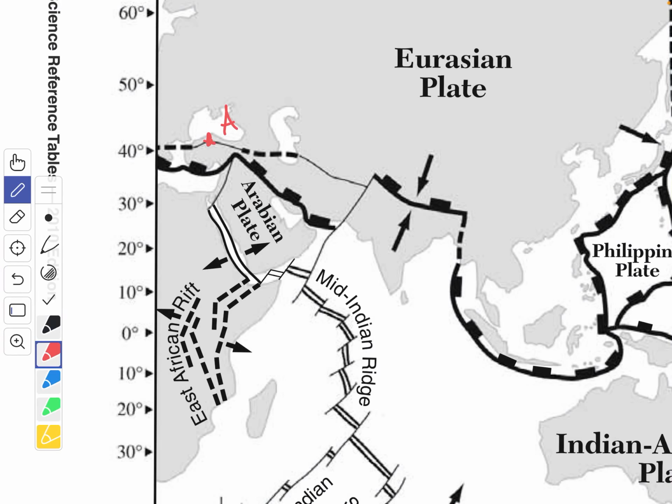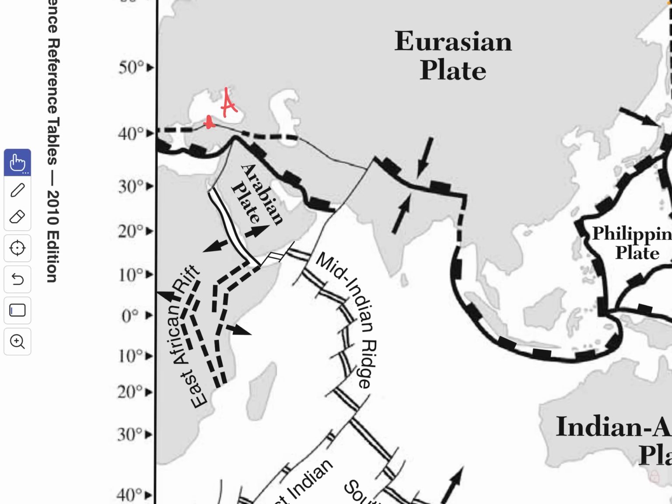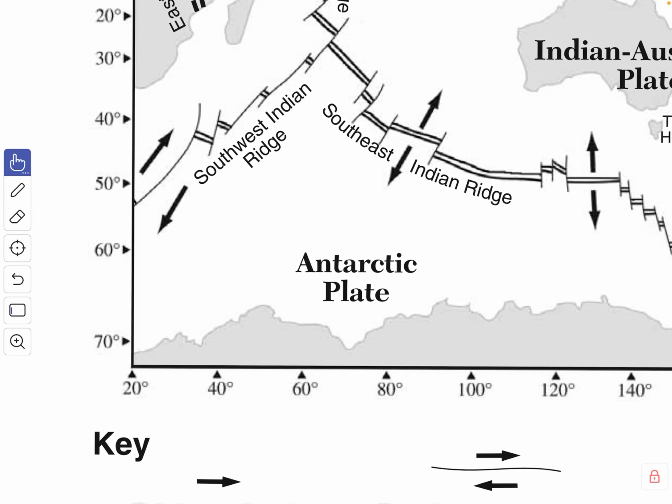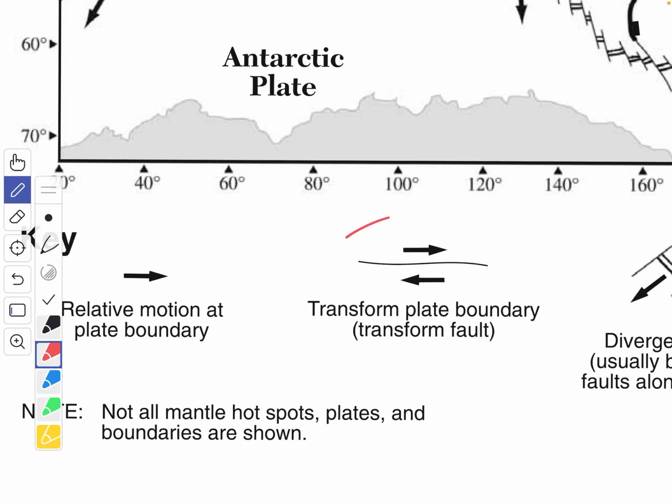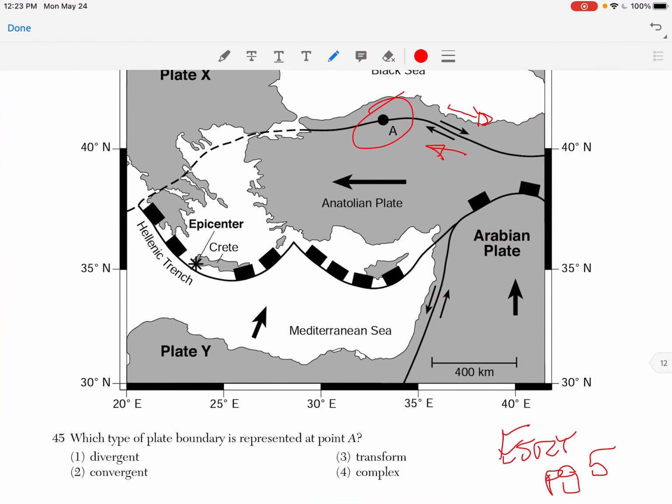And if you look down below, it actually tells you what that plate boundary is, and that plate boundary is known as a transform plate boundary. You can see the arrows sliding past each other, and that's the answer to question number 45. The answer is a transform boundary, where the plates just slide past each other. Very similar to the San Andreas Fault in California.